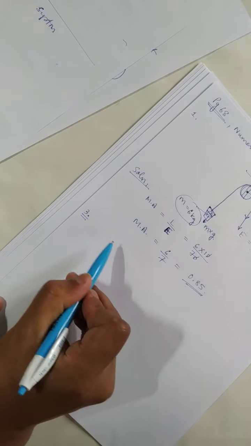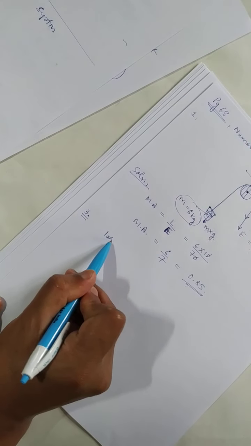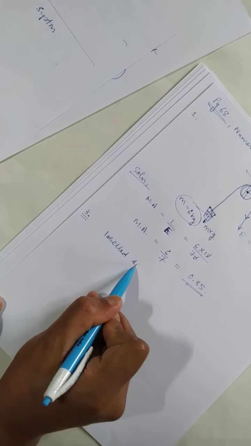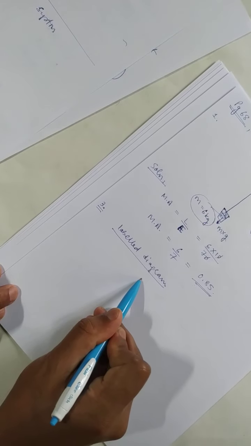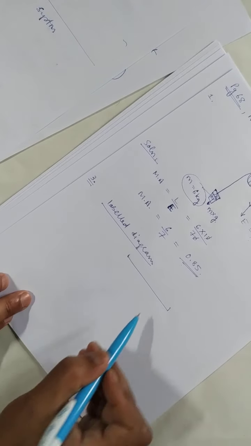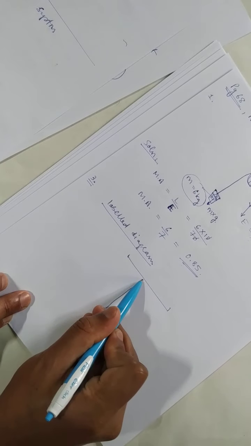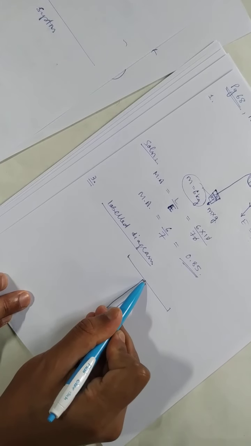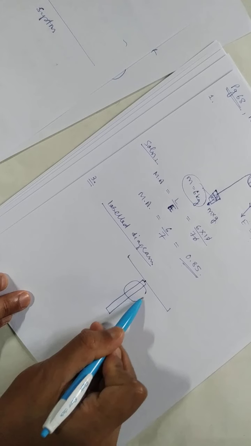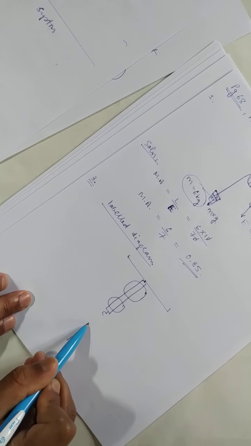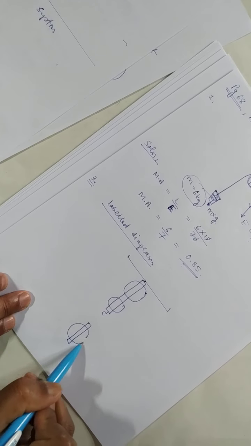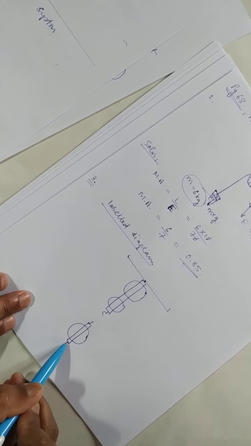So we have to make a block and tackle system. Let me make a labeled diagram first. Let us draw a rigid support. Let us make this upper block which is fixed. In the upper block you will have 2 pulleys, and in the lower block you will have only 1 pulley because the total number of pulleys is 3.